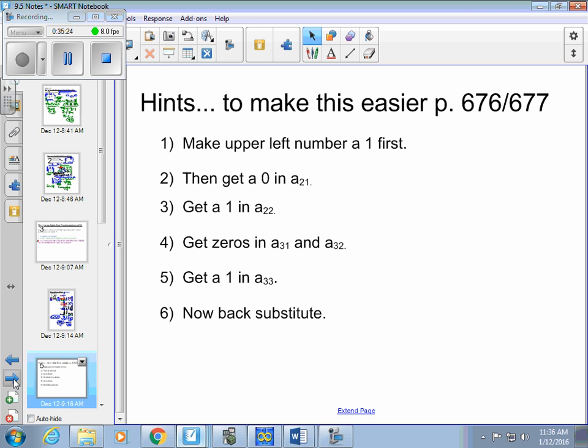Get a 1 in A22, or you could also get a 0 in A31, which would be something else to add there as well. And then work your way down from there. If you want to go step by step so you show every single thing, that's okay. If you can do 2 things at once, that's all right too.